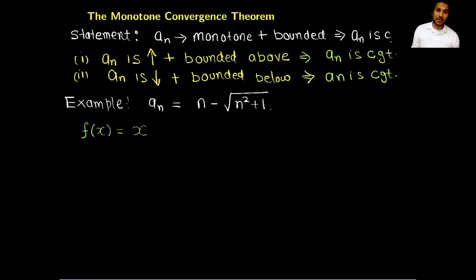I will turn every n into x, and see whether this function is increasing or decreasing, because this function and the sequence behave the same. If the function is increasing, then the sequence will be increasing, and if the function is decreasing, the sequence will be decreasing. We know from calculus how to find whether a function is increasing or decreasing by calculating its derivative. So now I will calculate the derivative of this function.